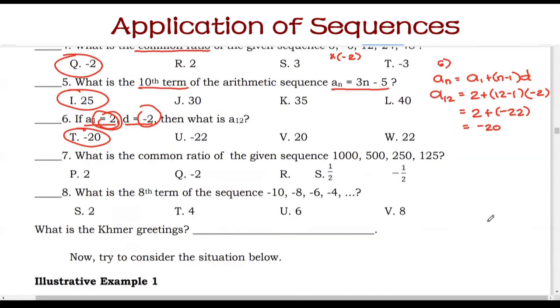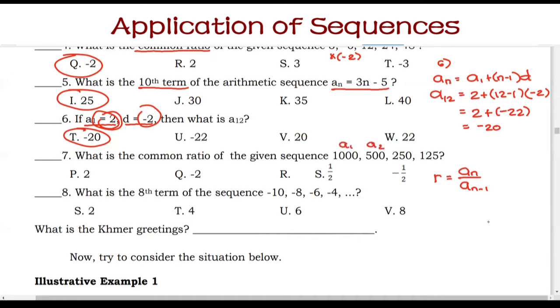Down to our last two questions. Okay? So number 7, we're looking for the common ratio again. Okay? Let's try to use the formula. Right? The common ratio is equal to A sub n over A sub n minus 1. Which ones do you want to use? Any two consecutive terms. Okay? So, for example, you want to use A1 and A2.